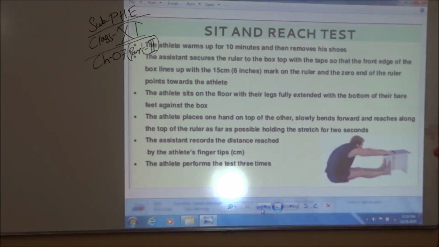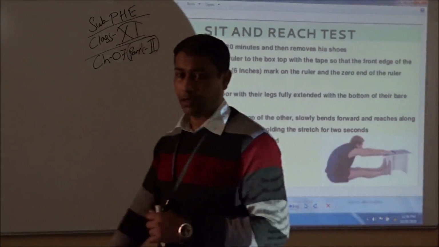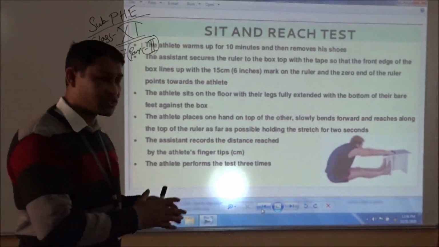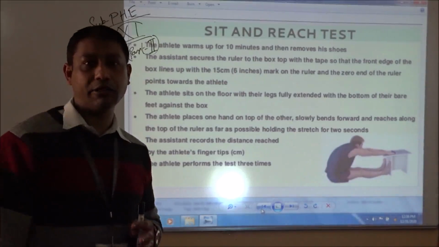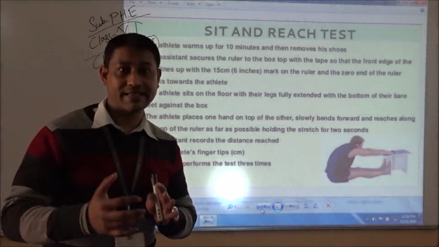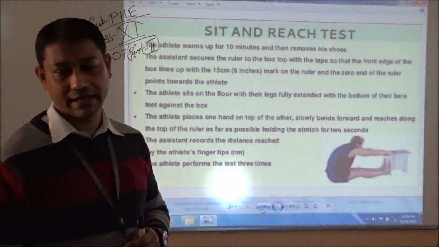When the subject reaches maximum stretch, the subject needs to hold that position for 2 seconds so that the measurement can be noted down. So the sit and reach test is widely used to assess the flexibility of an individual.